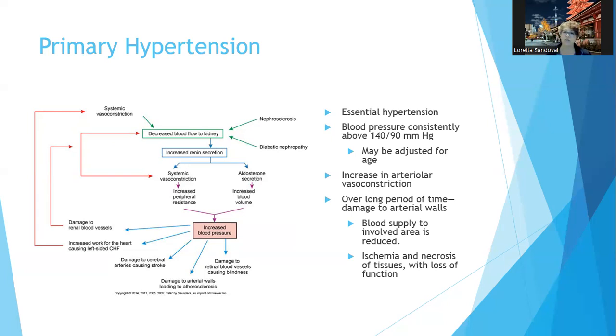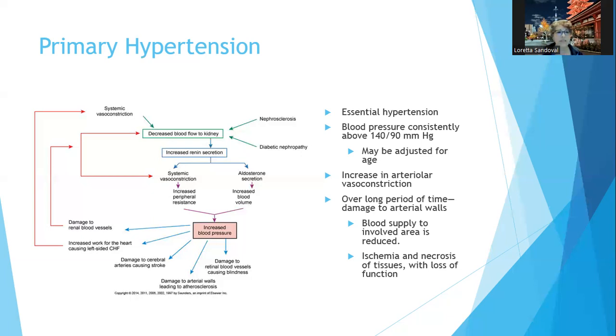So over a long period of time, essential hypertension can damage arterial walls, and that can contribute to atherosclerosis. The blood supply to the area is reduced because of that vasoconstriction. And ischemia and necrosis of the tissues can occur with loss of tissue function.